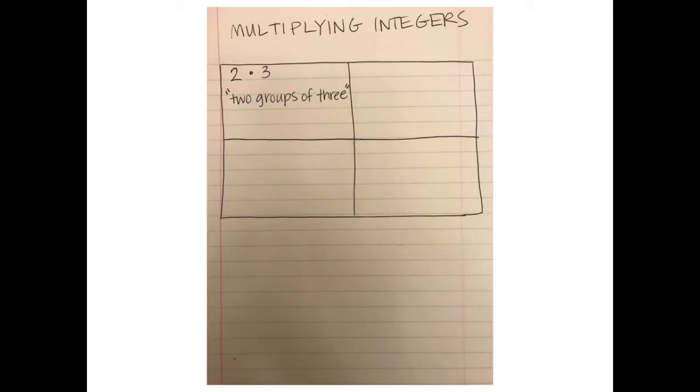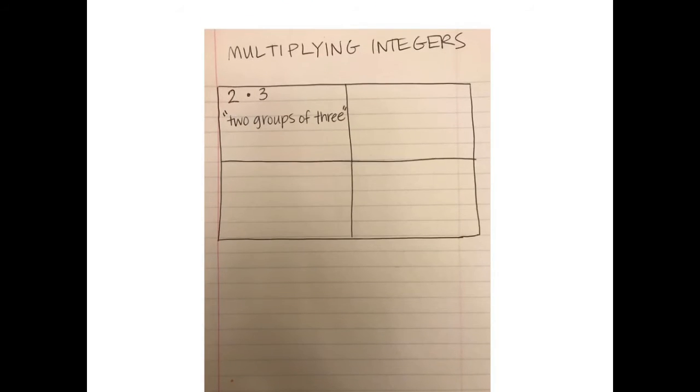The first type of problem that we're going to talk about is the kind that you learned in probably second or third grade. A regular 2 times 3. In elementary school, you learned that this meant you have 2 groups of 3 items.